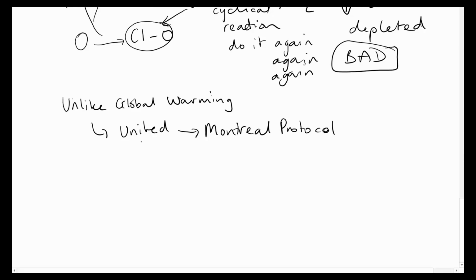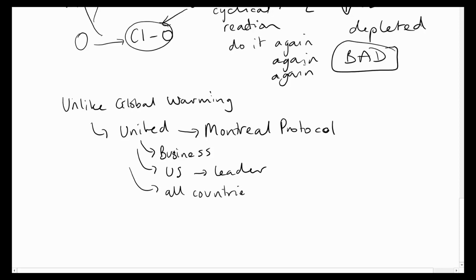And what was good about this was that business could see that this needed to be done, and the US was actually a leader in this protocol, and pretty much all countries came together and agreed this Montreal Protocol, which was to phase out these haloalkanes, these CFCs.